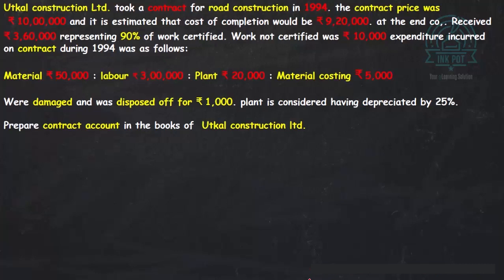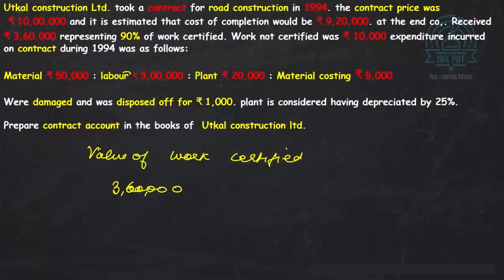First of all, for preparing the contract account, we need the value of work certified. So how do we calculate the value of work certified? We know that we have received 3,60,000 cash and it is the percentage of work certified.